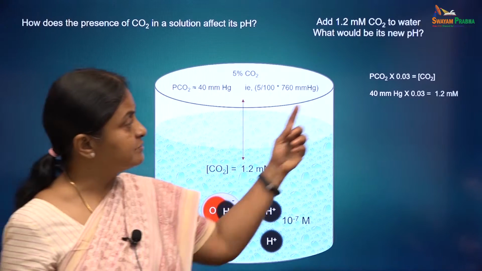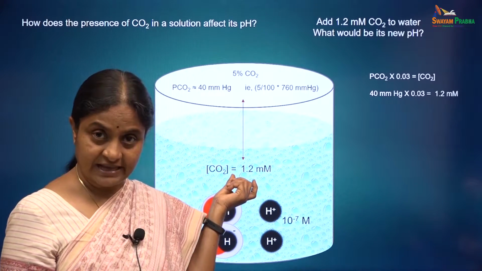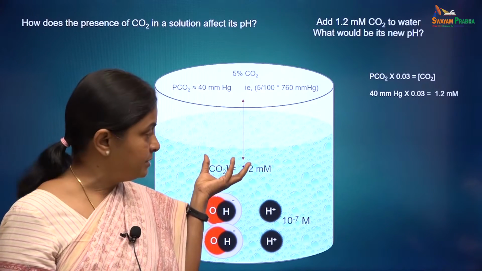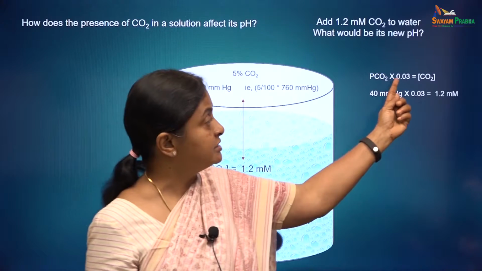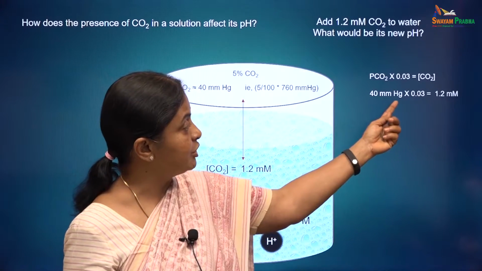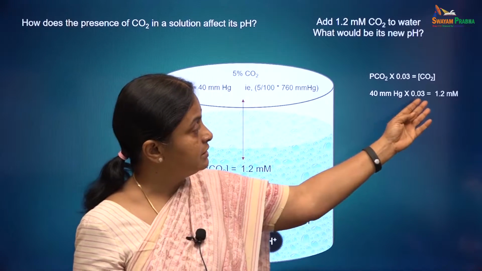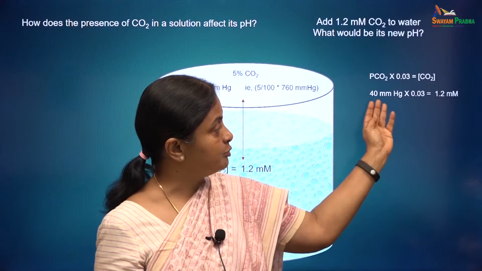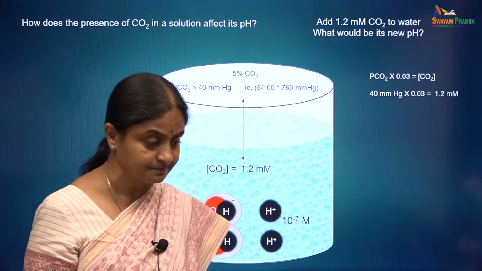For every millimeter mercury carbon dioxide, the dissolved carbon dioxide in water which is kept in that environment would be 0.03 millimoles per liter. Therefore, when the partial pressure of carbon dioxide is 40 millimeters of mercury in that environment, the dissolved carbon dioxide would be that into 0.03, which is 1.2 millimoles per liter.